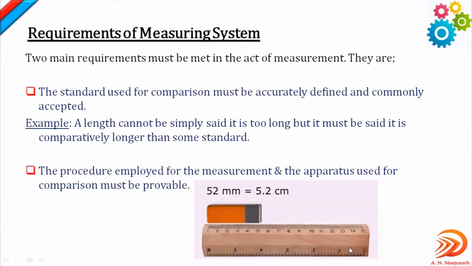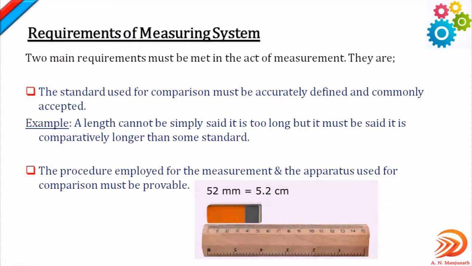In this example, this ruler is the standard because it is commonly accepted. 1 centimeter is equal to 10 millimeters. This is the standard. It is followed, and it accurately defines the length. So this is one of the requirements for measuring to happen. The standard being used must be commonly accepted, and its value should be accurately defined. That is the one requirement.